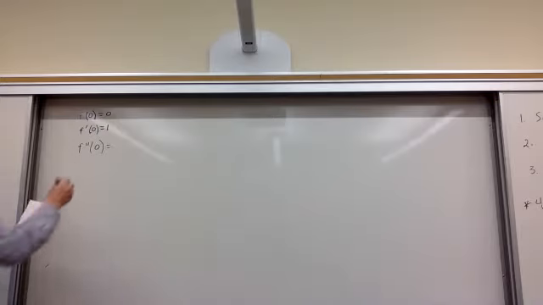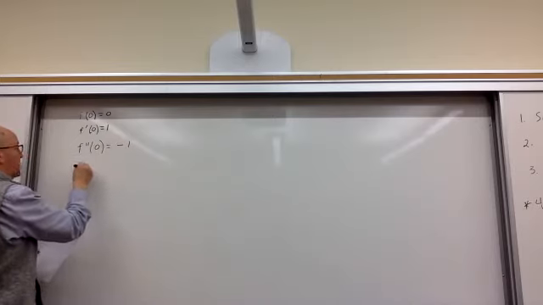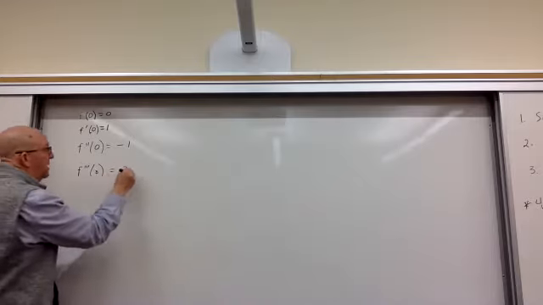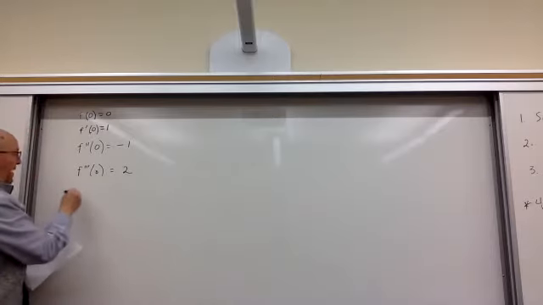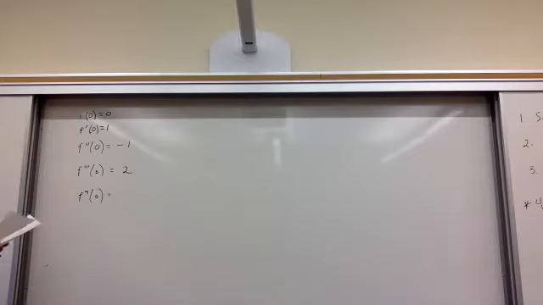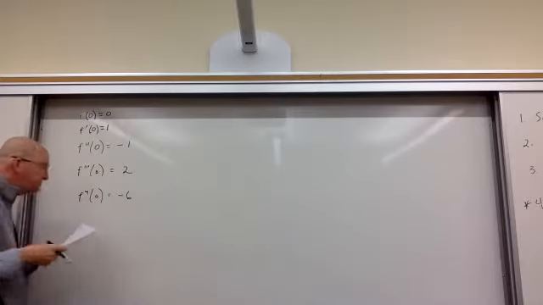So that's -1 times 1, or -1. f triple prime of 0 will be the one less, so that's -2 times the previous derivative, which is -1, so that will be 2. And we'll go ahead and do the fourth derivative at 0, which will be the opposite of 3 times the third derivative, so that's -6.